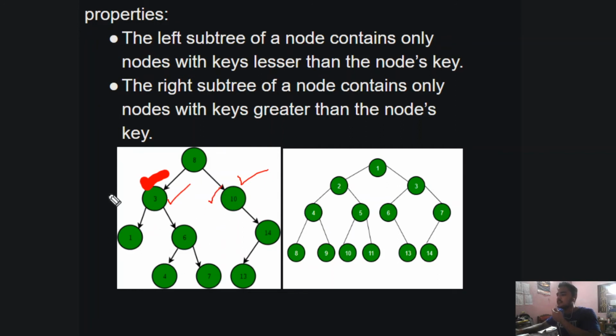Now let's consider this subtree. Here the left one is less than 3, 6 is greater than 3. Everywhere you see it is satisfied, so it is a binary search tree, right? At last, all the larger elements, compared to the parent node, you will find on the right side, and all the smaller elements you will find on the left side. This is a property of a binary search tree.